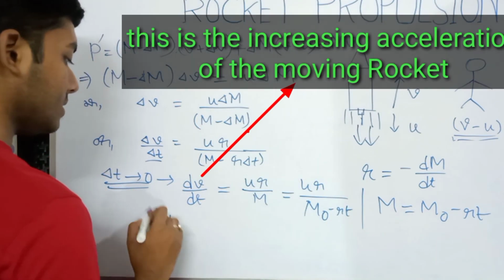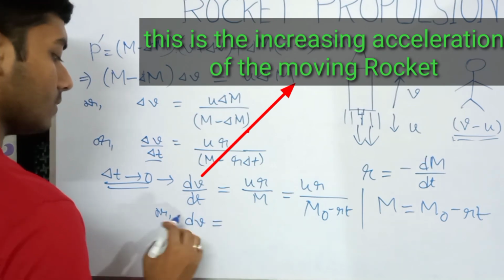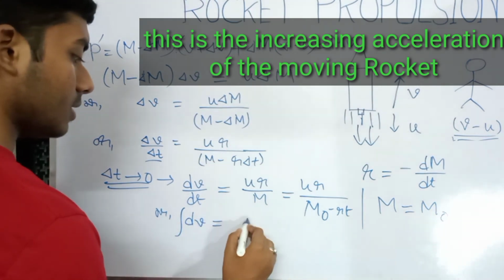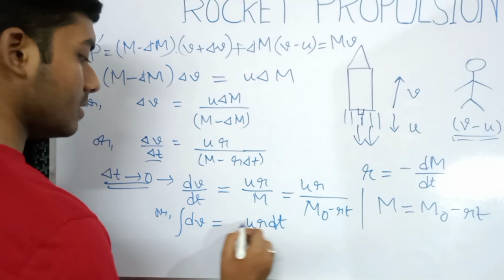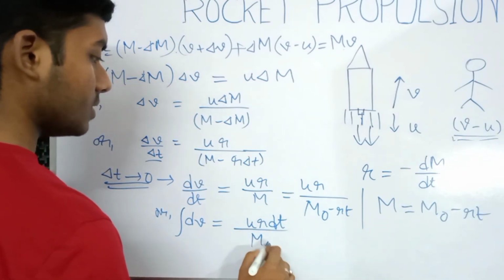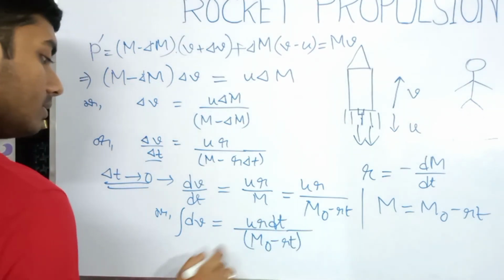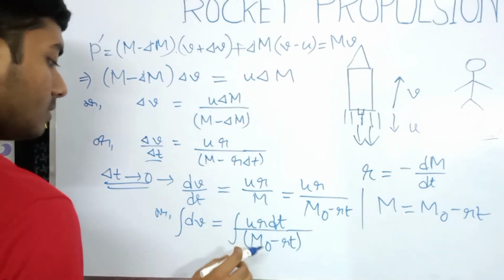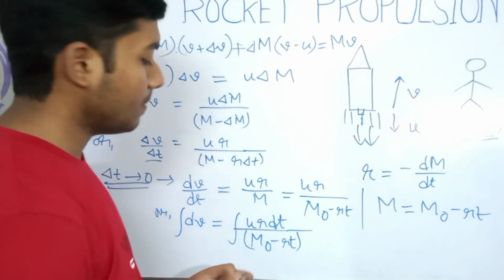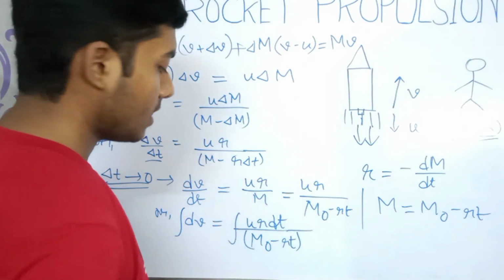So if you integrate this, dv equals integral of u r dt by m0 minus r t. Suppose we are considering from time t equals 0.